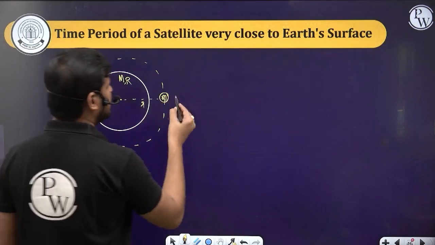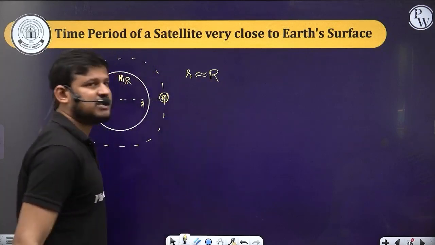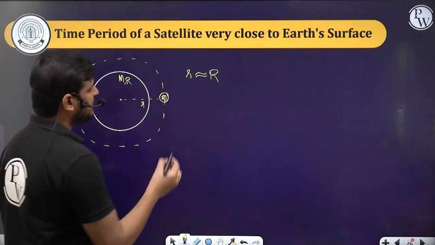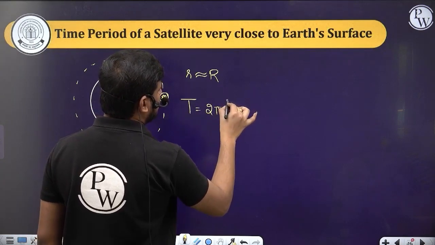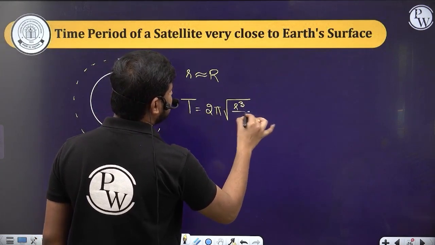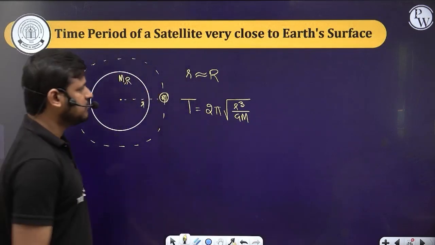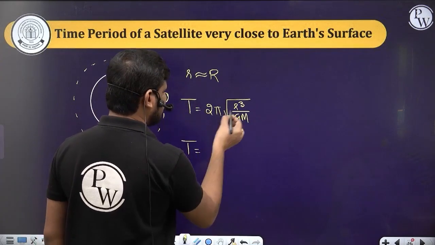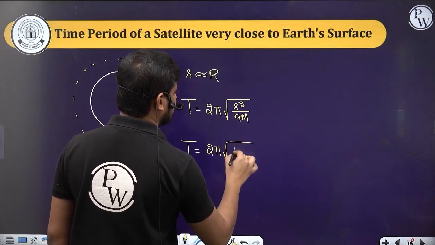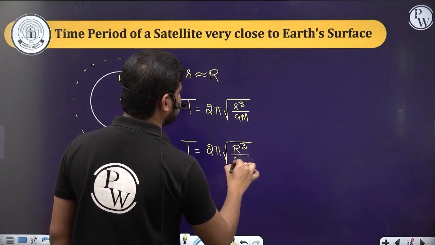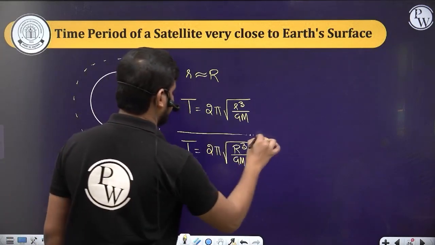If it is very close to the earth surface, we can consider small r is approximately equal to capital R. We have got the time period formula as 2 pi into root over r cube by GM. So in place of small r, I can write capital R cube by GM. That's it. So this is one way.